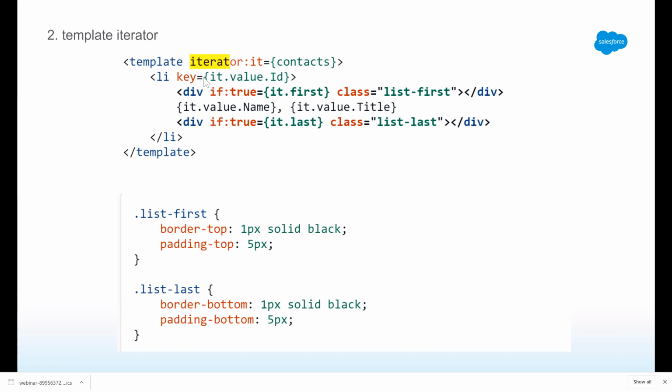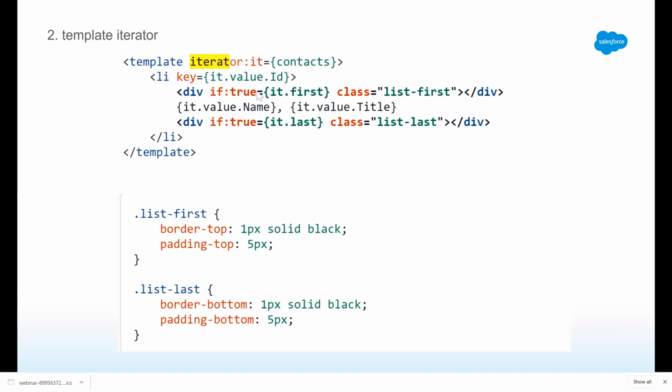And then what is the additional thing? The additional thing in template iterator is that it gives us two variables called first and last. Based on that we can check if it is the first element in the array or the last element in the array. You might have a requirement where you want to apply special styling for the first element in the list, the last element, or both.